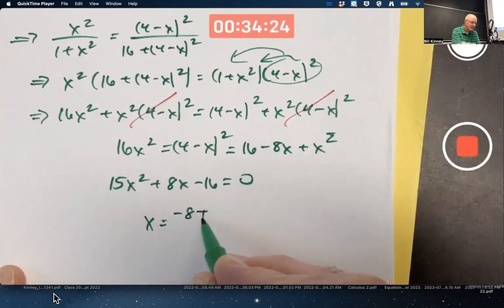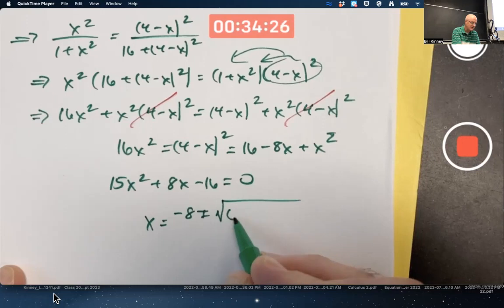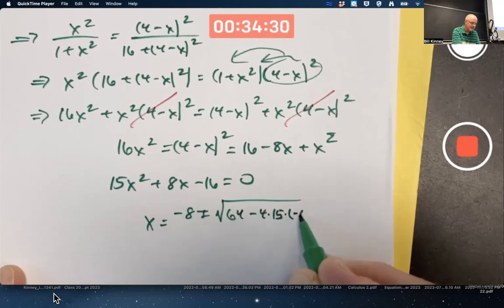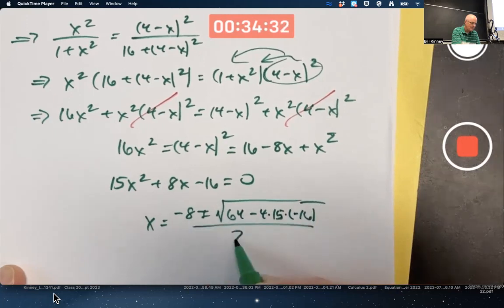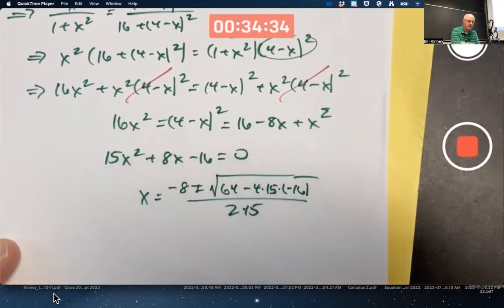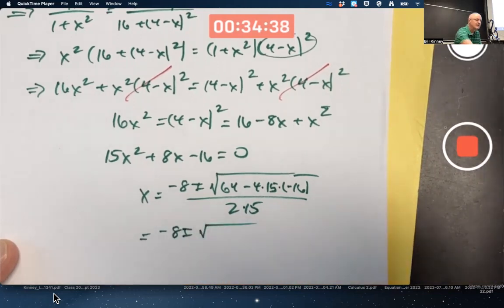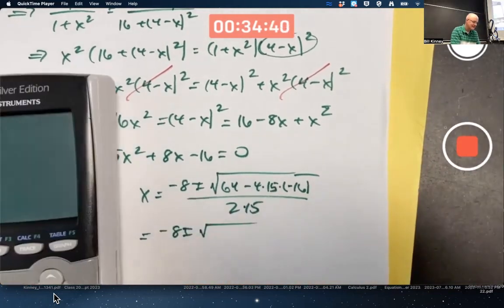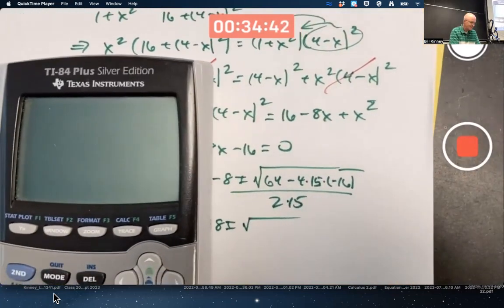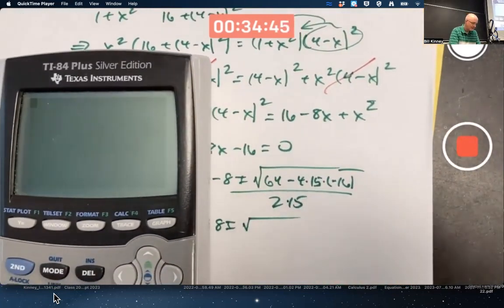Negative 8 plus or minus the square root of 8 squared, 64, minus 4 times 15 times negative 16, over 2 times 15. That's the quadratic formula. Negative 8 plus or minus the square root of 4 times, well, can I do this in my head?